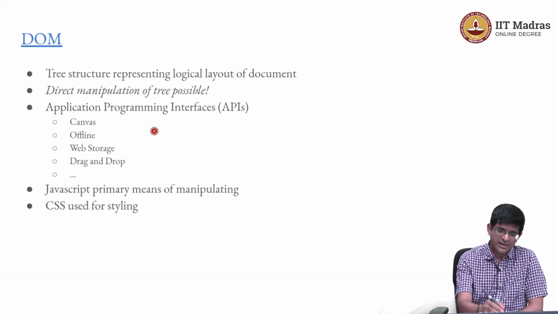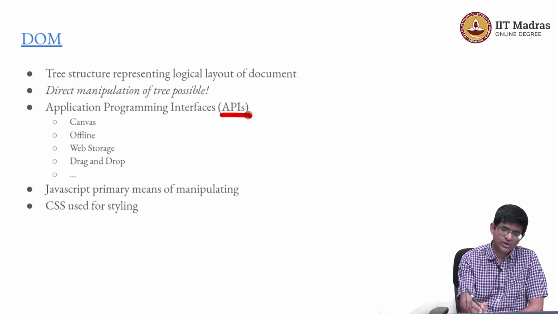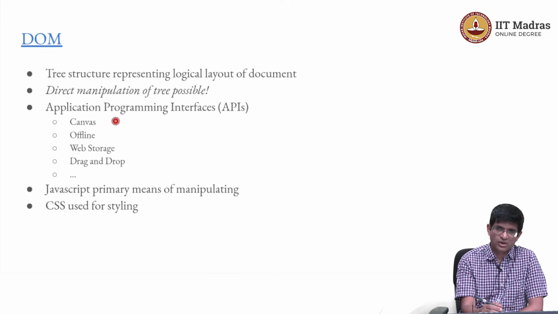Now in addition to that, a number of APIs are also defined on the DOM, the document object model. One of them is the so-called canvas, which basically allows for drawing arbitrary things on the screen. There is an offline API, which tells you that certain websites, you might have come across sites that say, okay, click here to install it as an app, right?